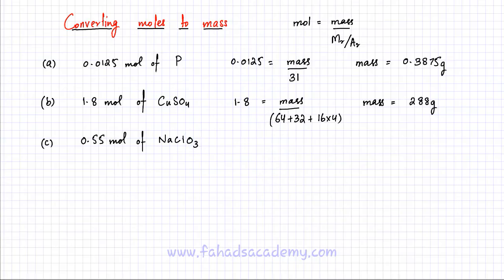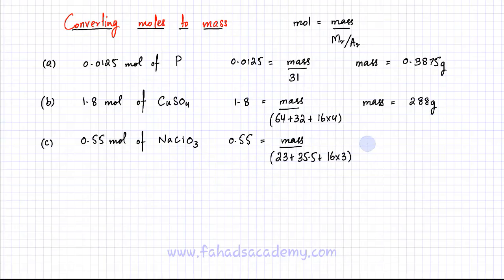So I know I have 0.55 moles, and moles is equal to mass divided by the MR. The MR would be the sum of all the atomic masses in the periodic table. So sodium is 23, and I have 1 chlorine, which in the periodic table is 35.5, and I have 3 oxygens, which is 16 into 3, and I'm going to sum that up.